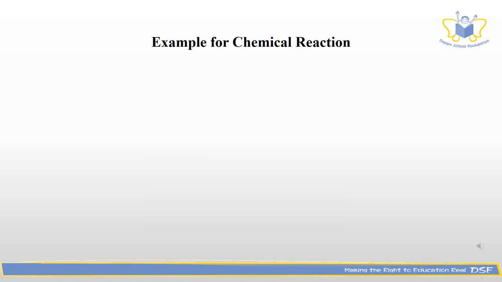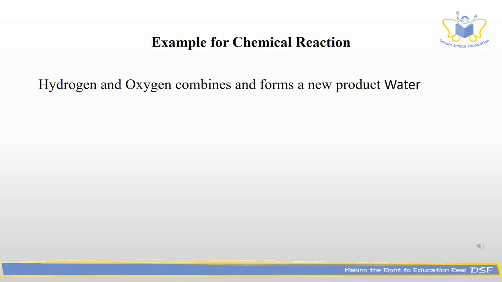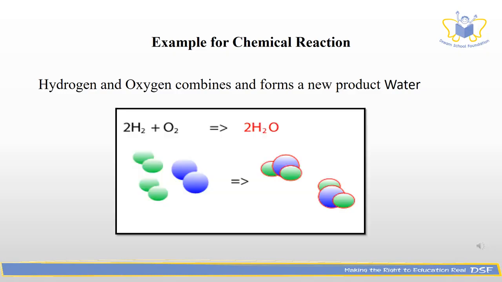A simple example of a chemical reaction is when hydrogen and oxygen combine and form a new product which is water. Two atoms of hydrogen and one atom of oxygen give two molecules of water.